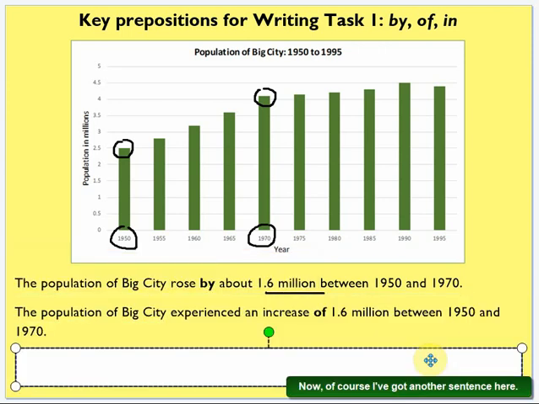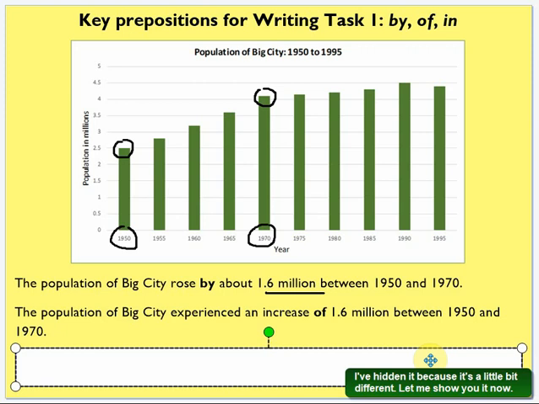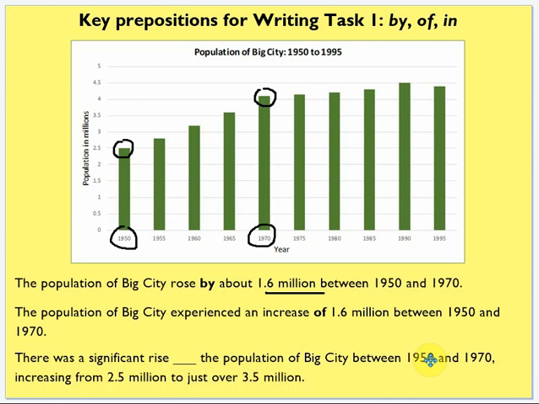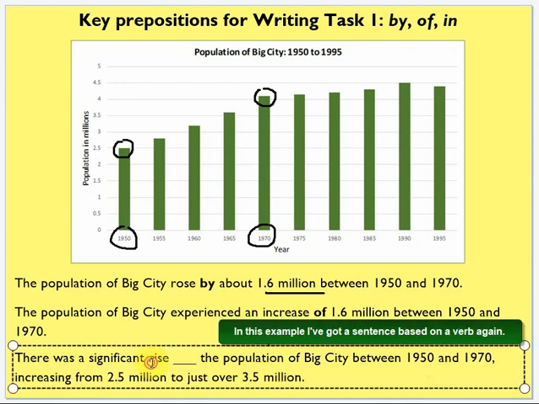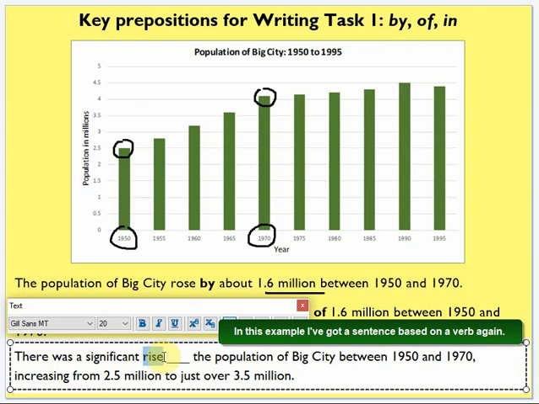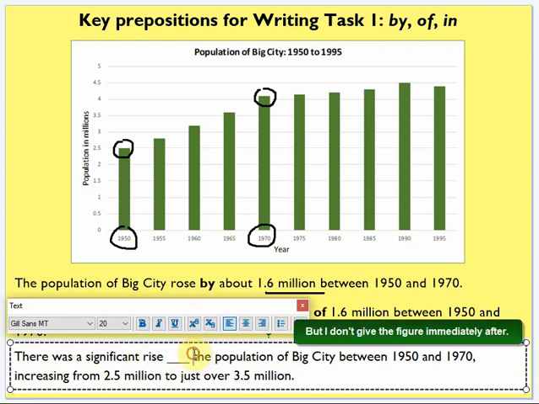Now, of course, I've got another sentence here. I've hidden it because it's a little bit different. Let me show you it now. In this example, I've got a sentence based on a verb again, but I don't give the figure immediately after.